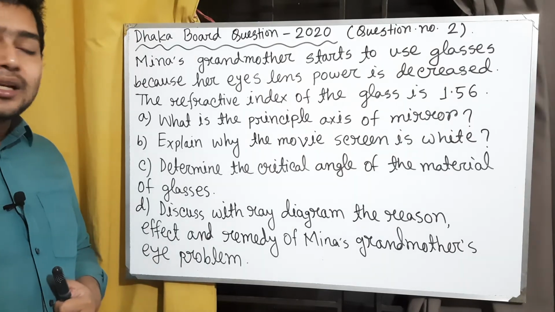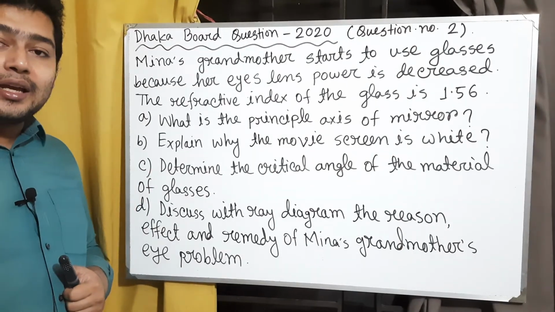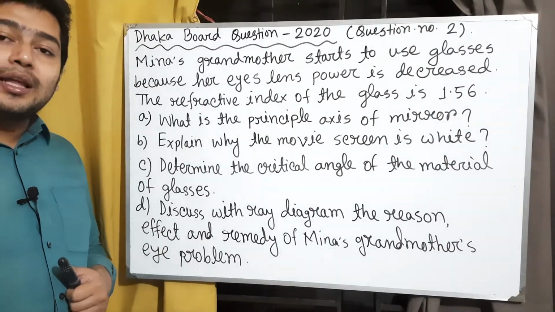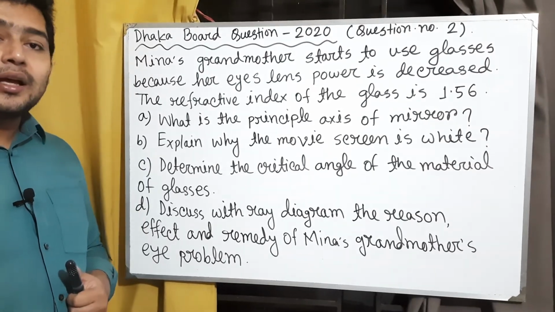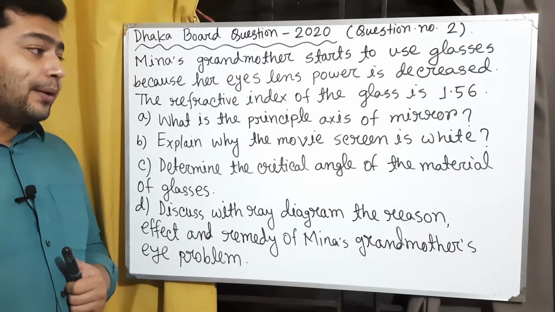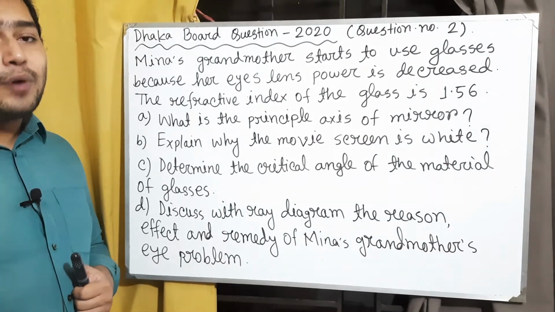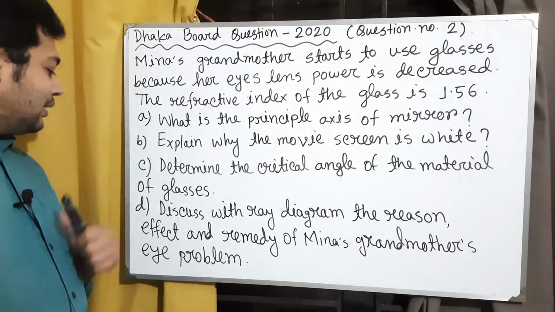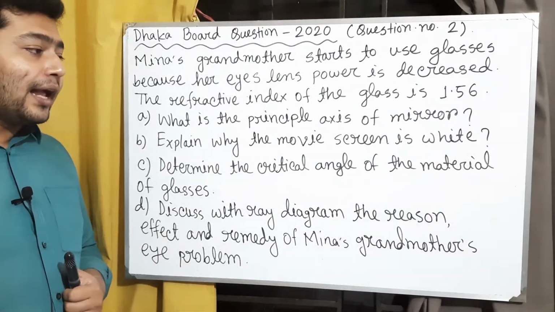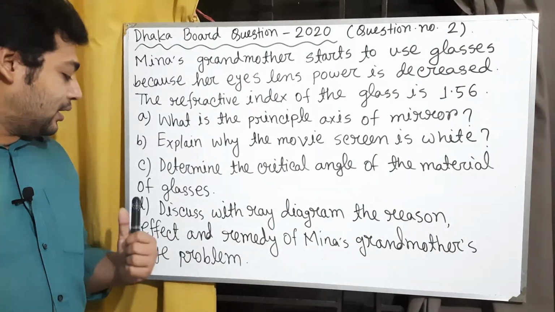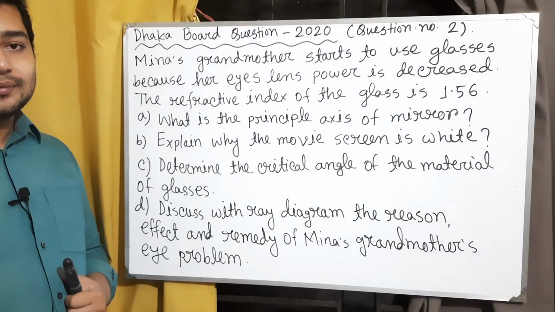Here the questions are: question A, what is the principal axis of a mirror? Question B, explain why the movie screen is white. Question C, determine the critical angle of the material of the glasses.